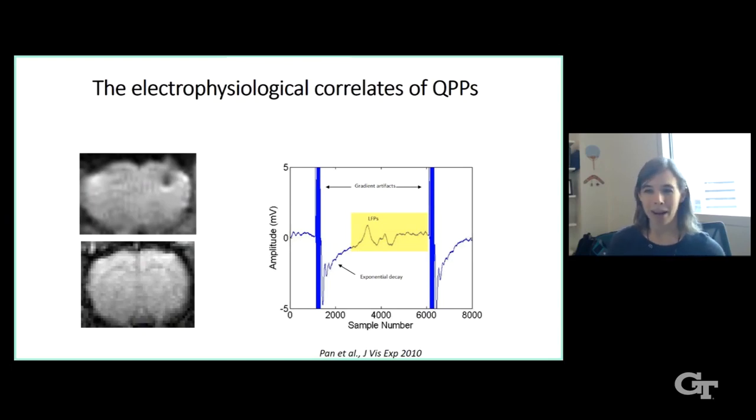Now, there's a story behind that, and it was quite a challenge. You can see this is one of our early images up here at the top, and you've got this big black hole where we stuck a metal electrode into the brain. You can imagine putting metal in messes up the magnetic field and messes up our image. Just as badly, when we're trying to record the local field potentials, anytime we acquire the image, we get these big spikes that eliminate the local field potentials, and we have to wait for a little while before our amplifiers reset before we can get good data.